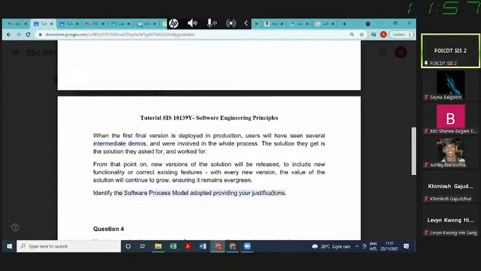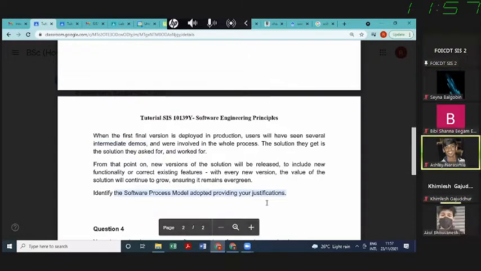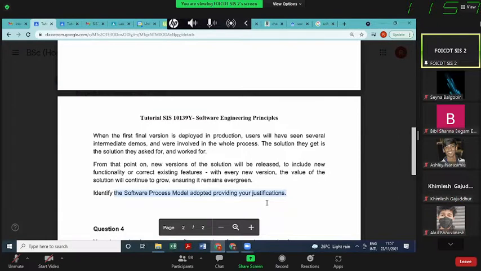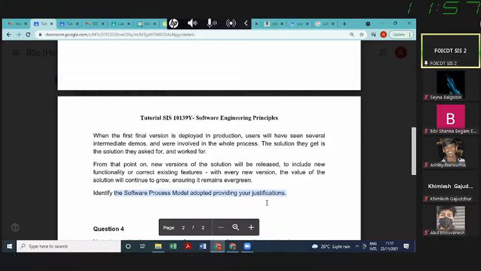What would you suggest, all of you? It's incremental prototyping. It's not spiral, and it's not V&V. In case you are not sure, you can proceed by elimination. It's not spiral, no mention of risk. It's not V&V, because there are a number of intermediate demos, and V&V doesn't have intermediate demos.